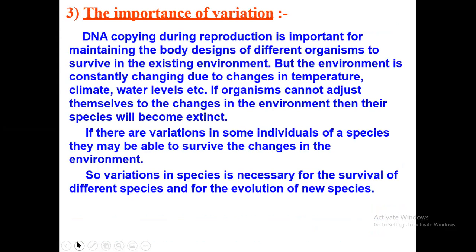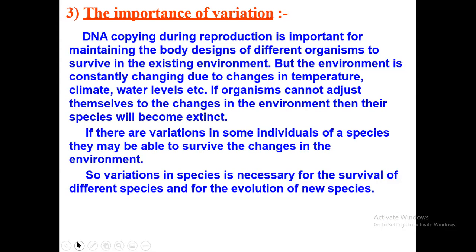What is the importance of variation? DNA copying during reproduction is important for maintaining the body design of different organisms to survive in the existing environment. But the environment is changing constantly, because of changes in temperature, climate, and water level.